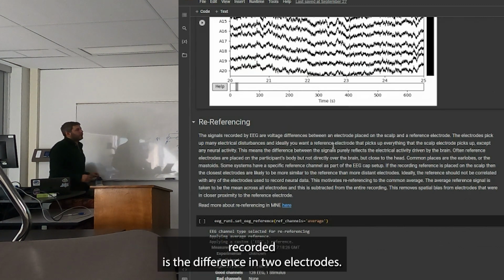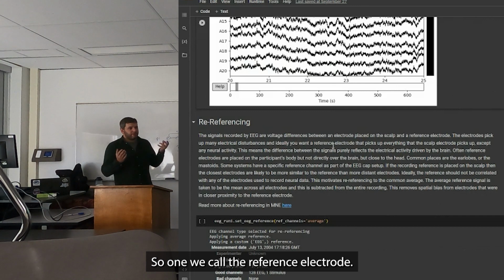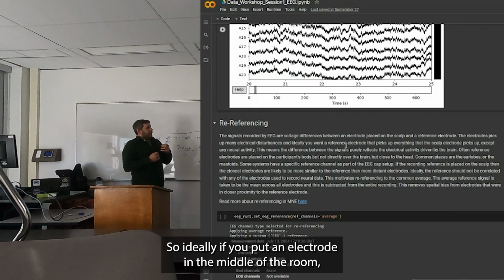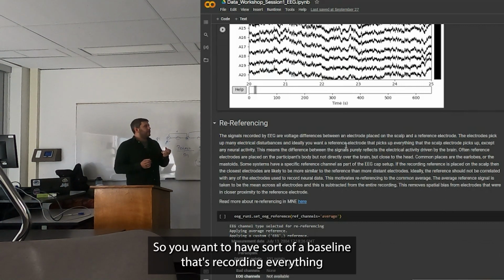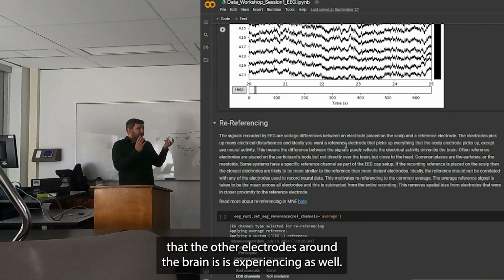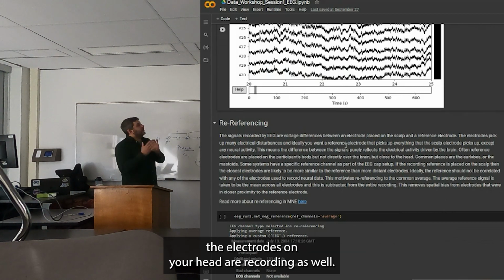The way EEG is recorded is as a difference between two electrodes. One we call the reference electrode. If you put an electrode in the middle of a room, there's a lot of other activity going on, electrical interference. So you want a sort of baseline that's recording everything the other electrodes around the brain are experiencing as well, and you want to subtract that from what the electrodes on your head are recording.